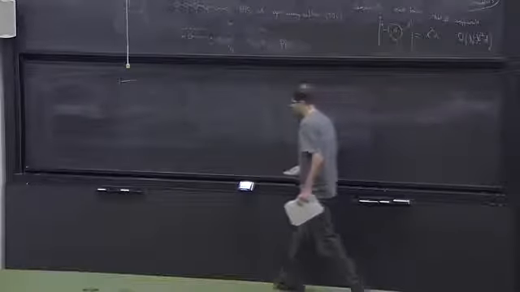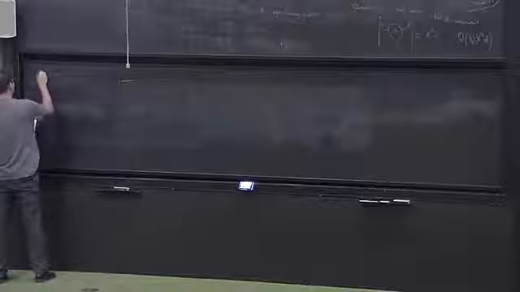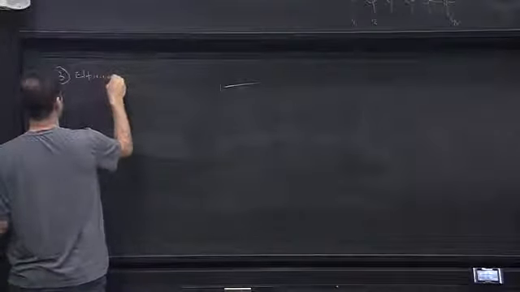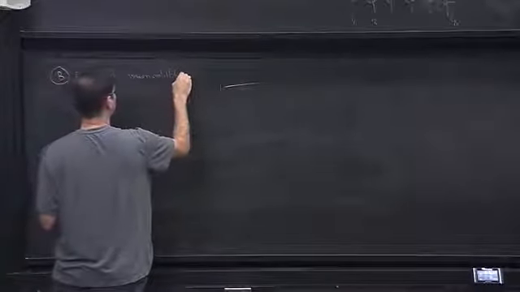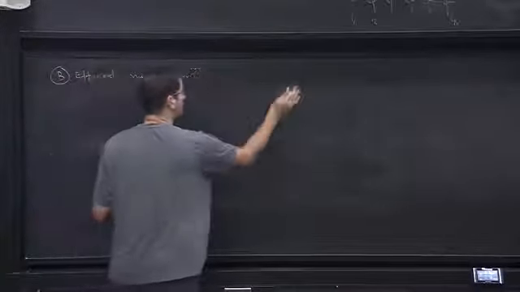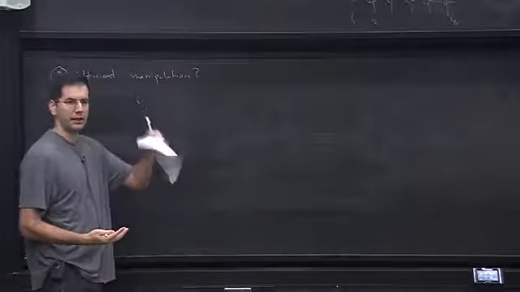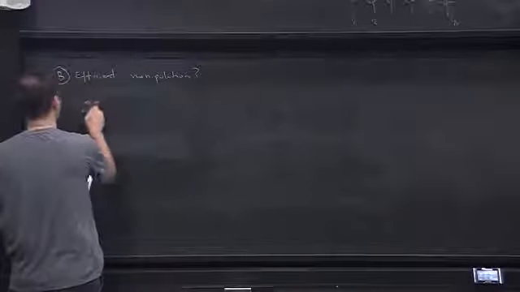Okay, so B, efficient manipulation. And this time, with the quantum circuit, take psi and psi dagger, and the norm comes for free. But here, the norm is not going to come for free.